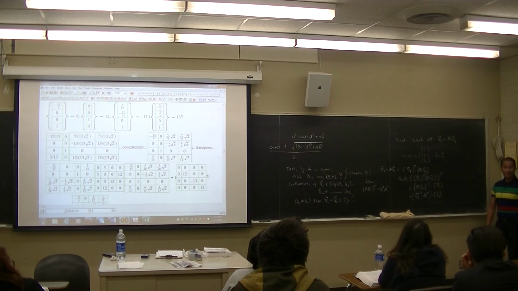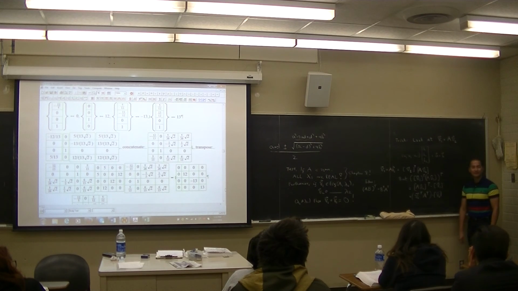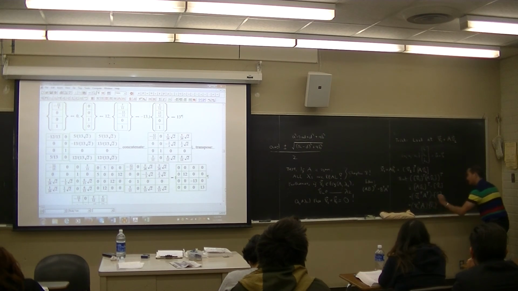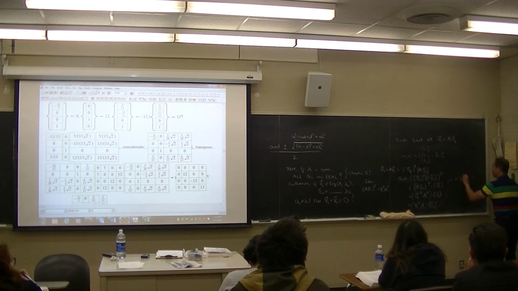However, who is A transpose? It's symmetric, so A transpose is A itself. Not orthogonal, but symmetric, so A itself. So this is v2 transpose A times v1. However, matrix multiplication is associative, so we can write this as v2 transpose A v1.